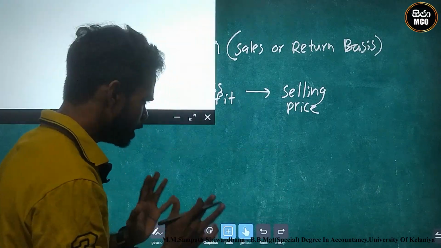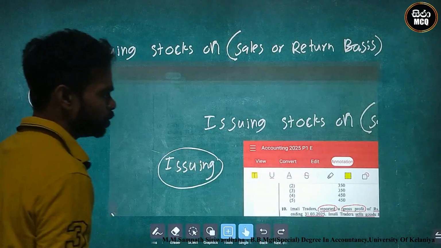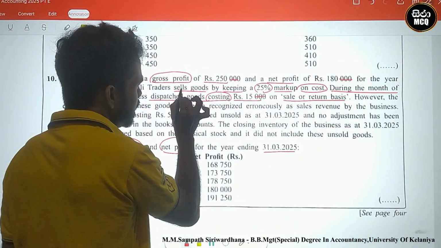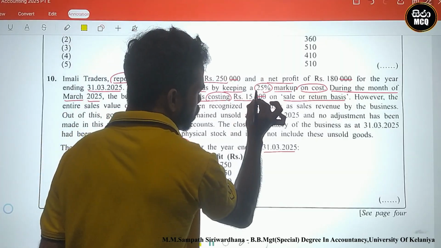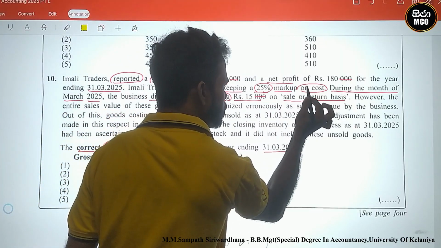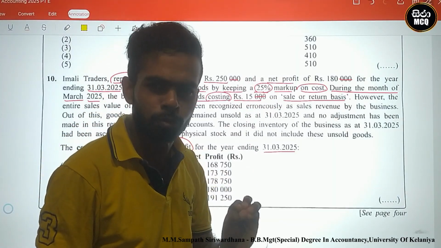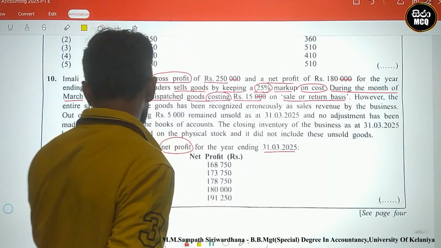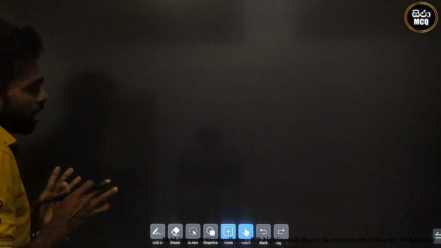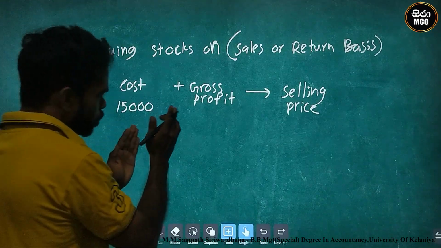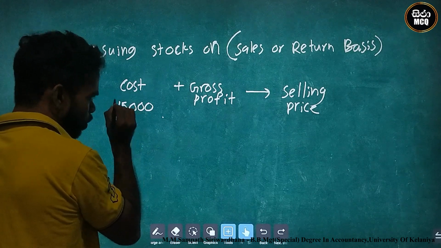What is the information? The trader sells goods by keeping a 25% markup on cost. A 25% markup means gross profit on cost, therefore I calculated gross profit based on cost.